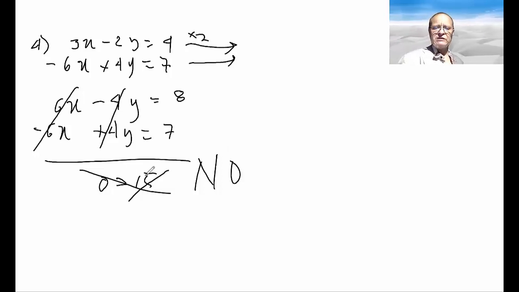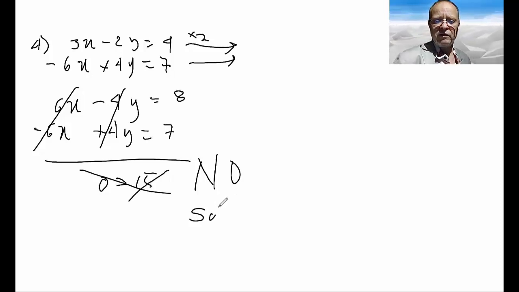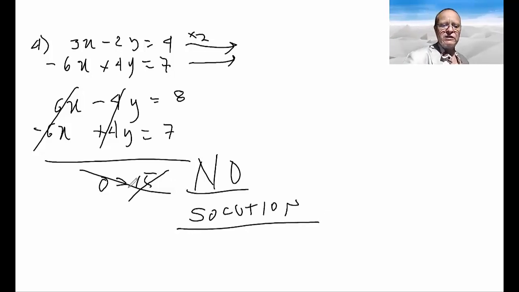Well, that means it's inconsistent, or we can say there's no solution, because this doesn't make any sense, because 0 is not equal to 15.